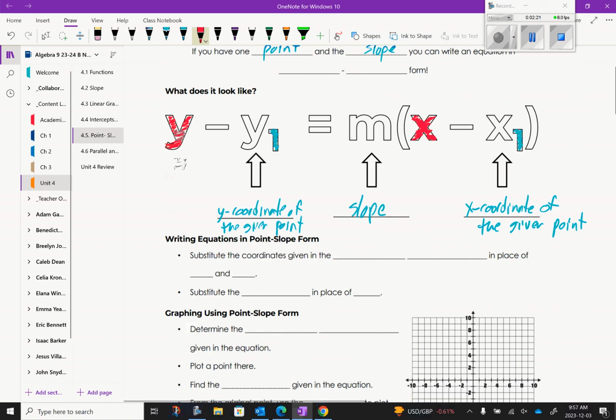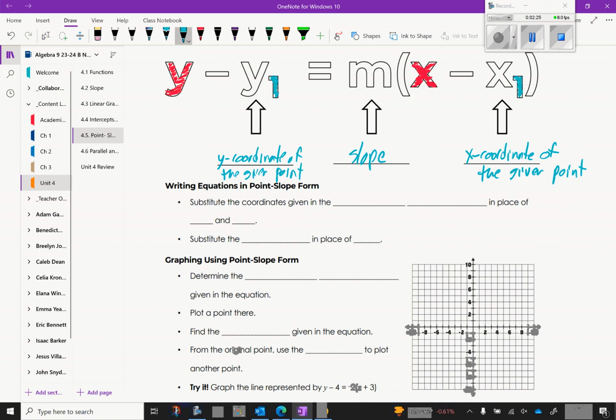Now again, this is going to be a situation where we are given an ordered pair. That's what we substitute for x sub 1 and y sub 1. And then, of course, we substitute the slope in place of the variable m.